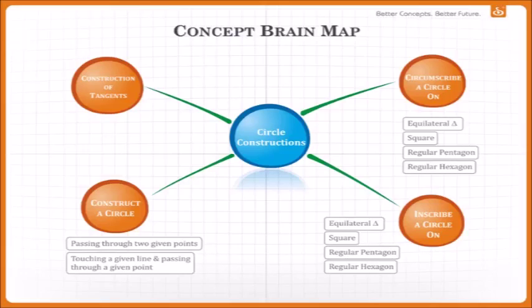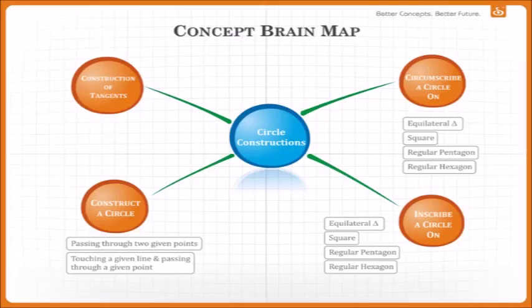Now in the second type, that is circumscribing a circle on a given regular polygon, we saw how to circumscribe a circle on an equilateral triangle, a square, a regular pentagon and a regular hexagon.